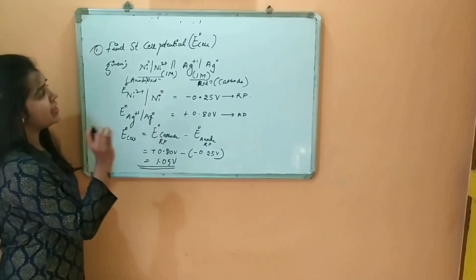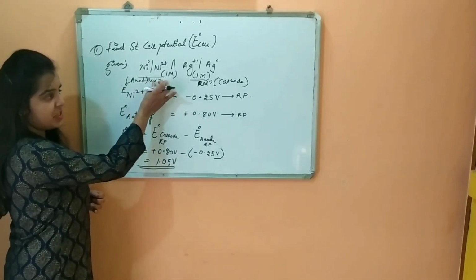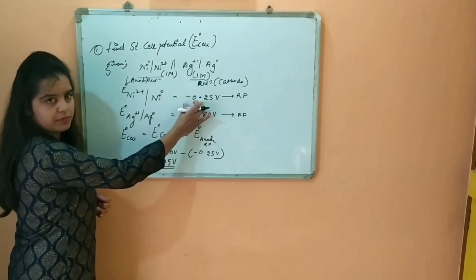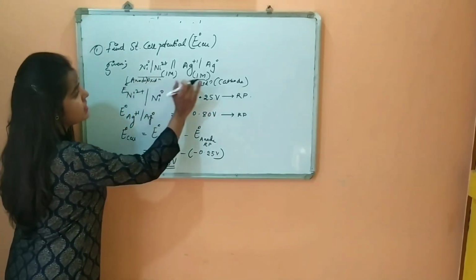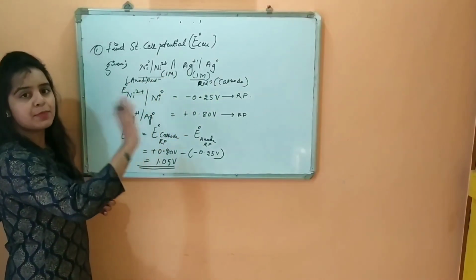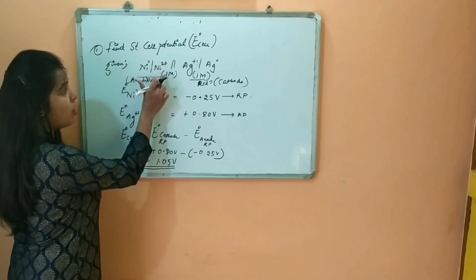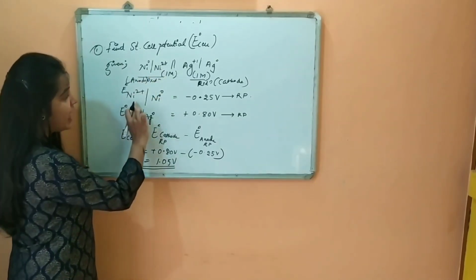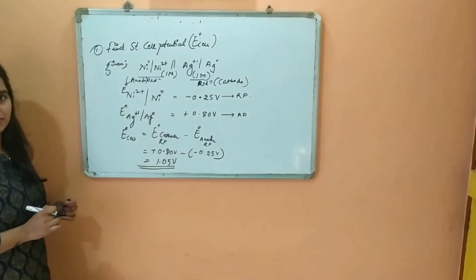Okay. Now I'll clear one doubt of yours. Here it is oxidation, here it is reduction. So now this is a cell reaction. This is oxidation, this is reduction. Fine. That is absolutely correct. But here, instead of giving the oxidation reaction, they have reversed the reaction and given the reduction potential.